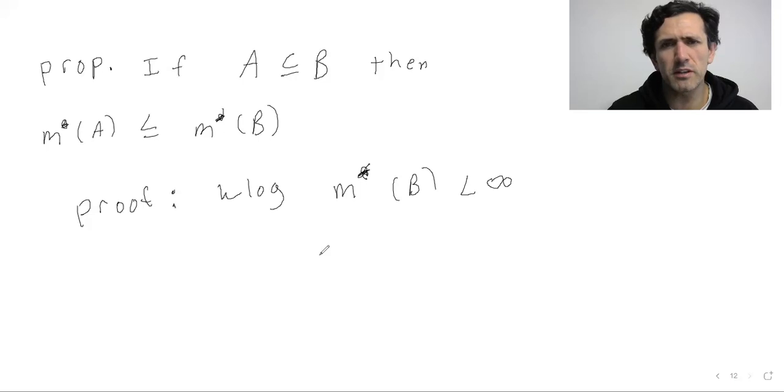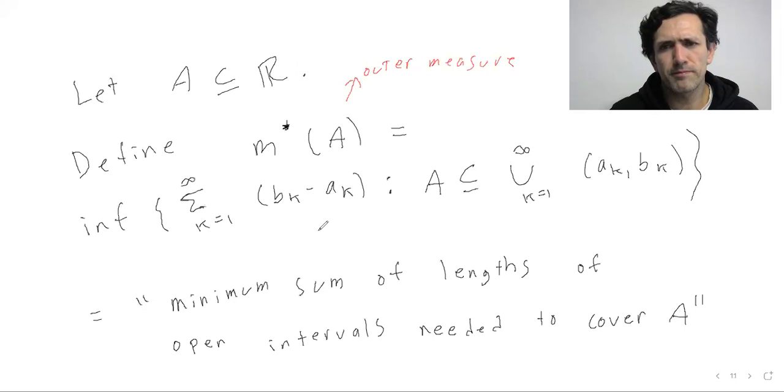So I'm dealing with, at least for M star of B, a set where there's at least one actual positive real number in it.